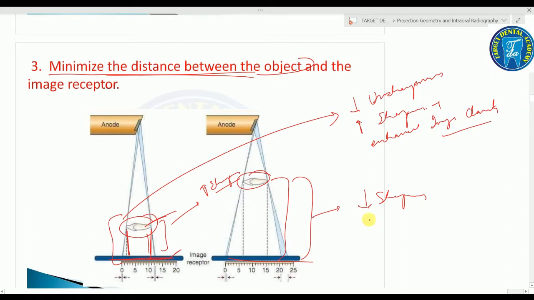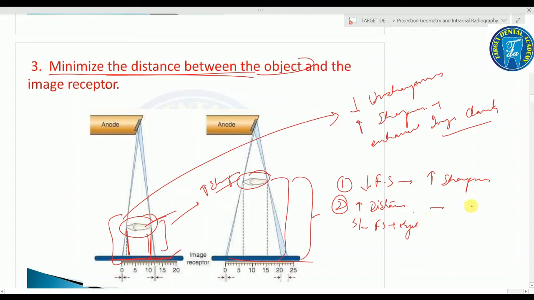So here I am writing it again. Number one, if you decrease the focal spot, it leads to increased sharpness. These are commonly asked MCQs. The second method to maximize the image sharpness is to increase the distance between the focal spot and the object.